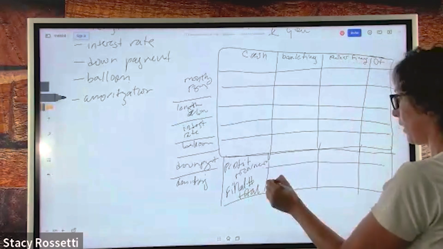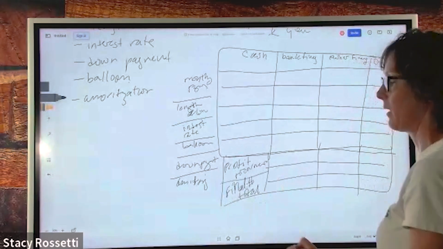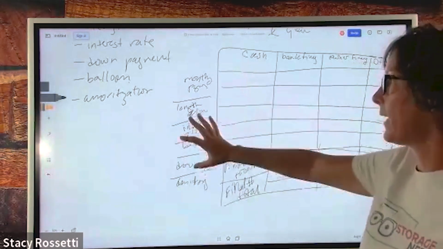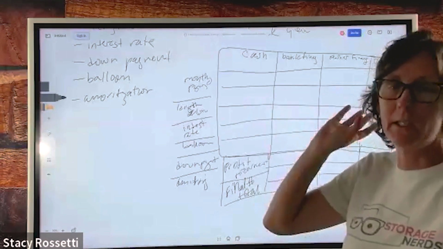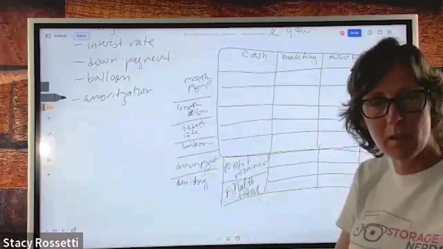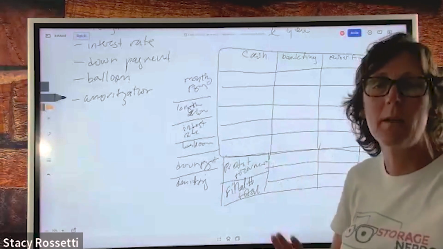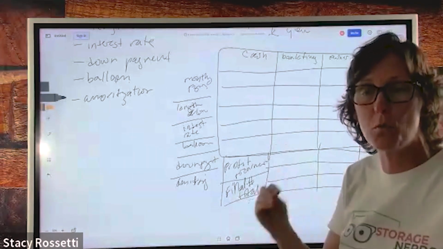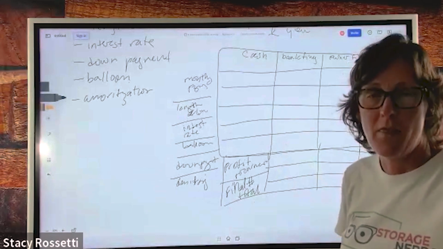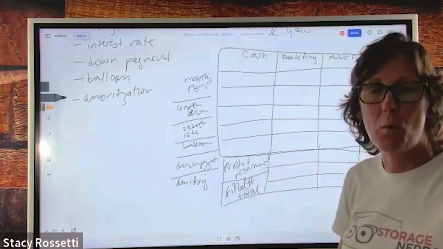So not only do we show what they're making on a monthly basis, what the interest rate, what the length of the loan is, what the down payment's going to be, what the amortization is going to be, we also show them how much money they're going to be making. That is the number that they're going to want to know.